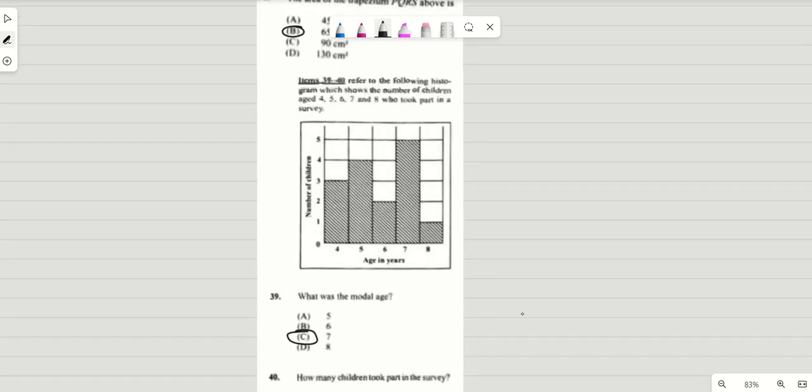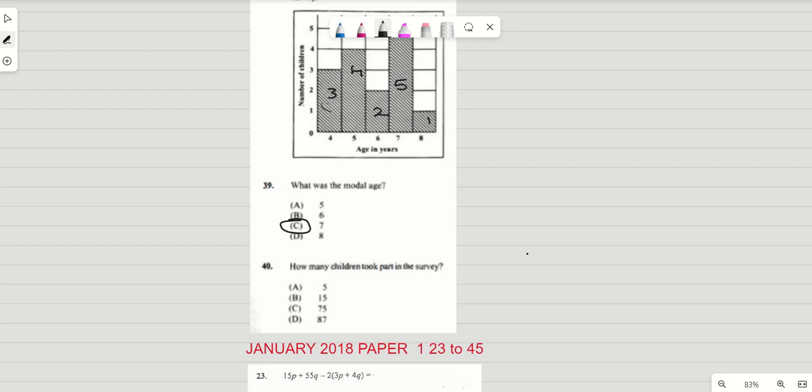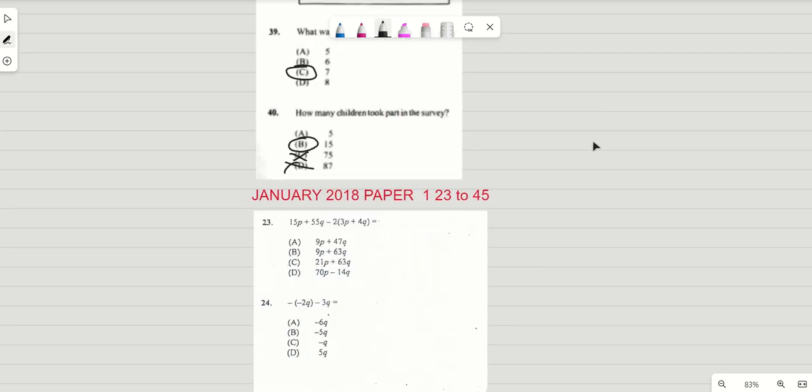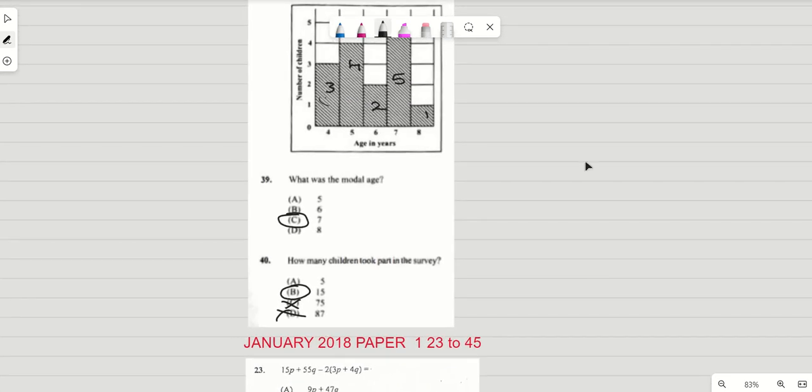We have 3 children here, then 4 children here, then 2 children here, then 5, then 1. Let's add it up: 3 plus 4 plus 2 plus 5 plus 1, that's 15. So the number of children in the survey is 15. The other options would not be correct. And that is the end of 1 to 40 in 2018, May, June.